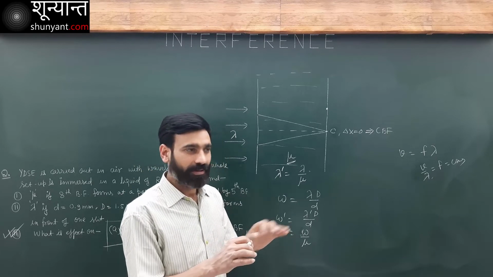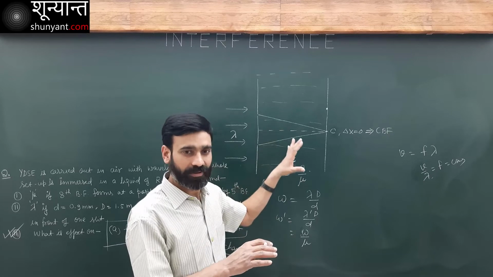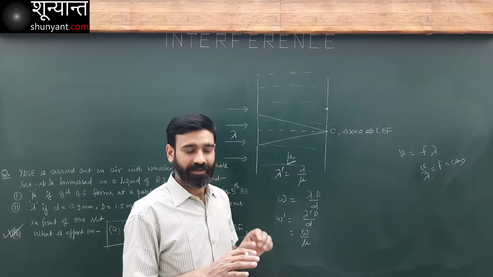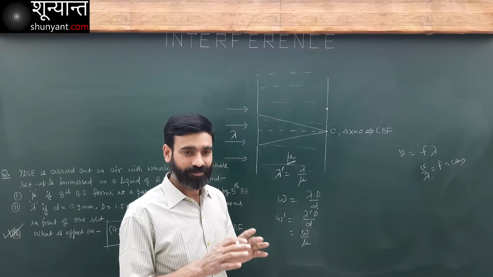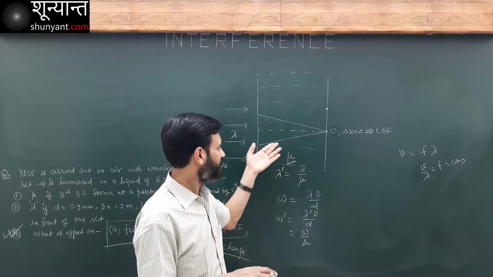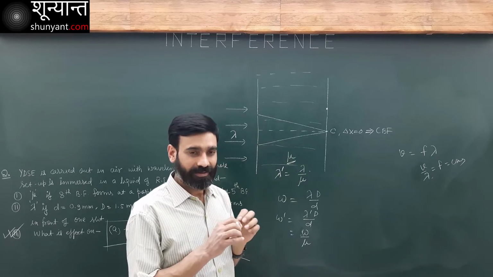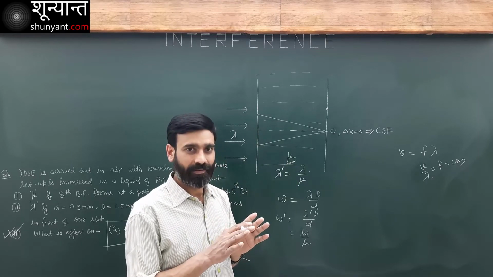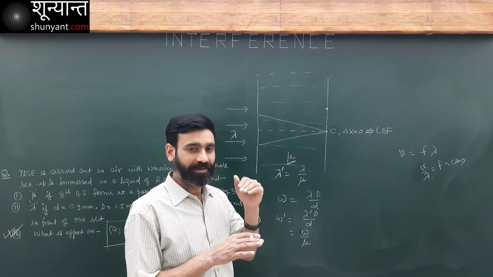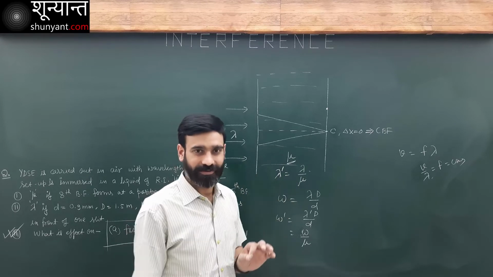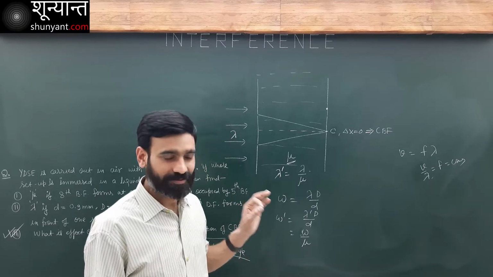Note it down: if the whole thing is immersed in the same medium, fine. If the medium is not the same, then things are going to change. If one ray passes through one medium and the other ray through some other medium, then things are going to change. But that will happen in the advanced course, not here.